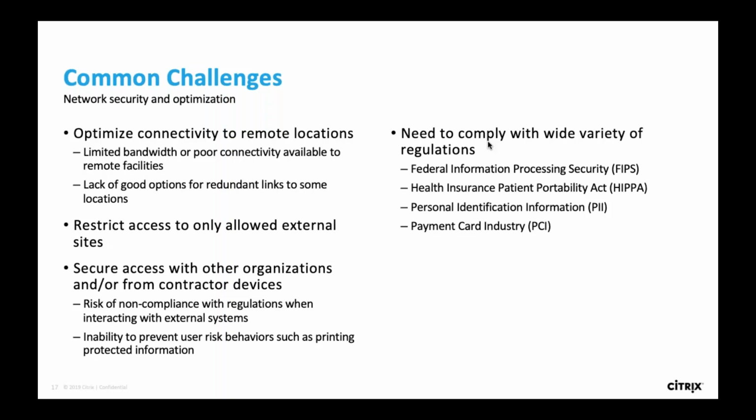We can turn things off. We can still maybe allow them into their email, because we're okay with email, but then we'll turn off virtual channels like copy paste, USB drive redirection, or printing, or any of these types of things that we pass through that virtual channel. We can stop that interaction with that XP endpoint, but still allow them to do some work, but not everything they would normally be able to do.